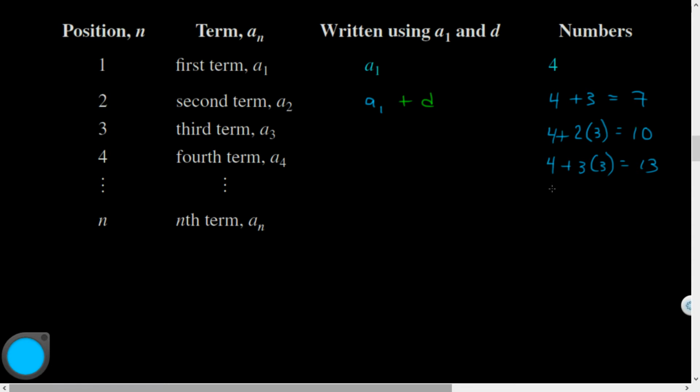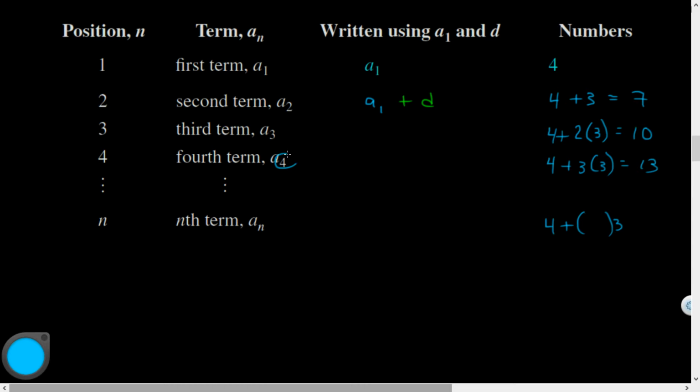All right? And what would my nth term in this list be? Well, I would have taken 4, and I would have added some number of 3s to it. And the question is, what number of 3s gets added if I'm finding the nth term?